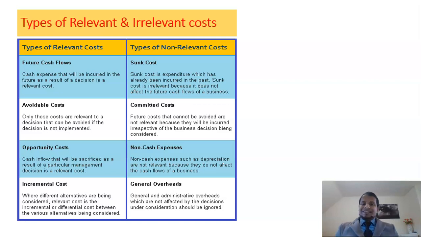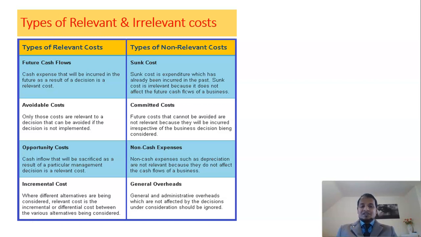Some examples will make our understanding clear. So which costs are relevant and which costs are irrelevant? Future cash flows: the expenditure should have some sort of impact on future cash flows. A cash expense that will be incurred in future as a result of a decision is a relevant cost.